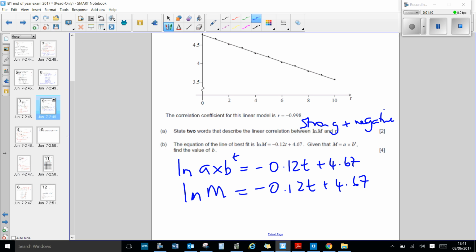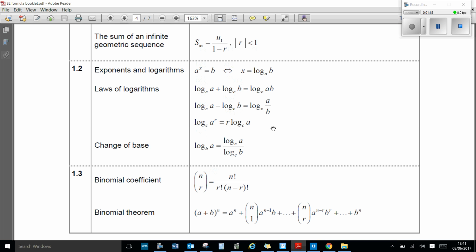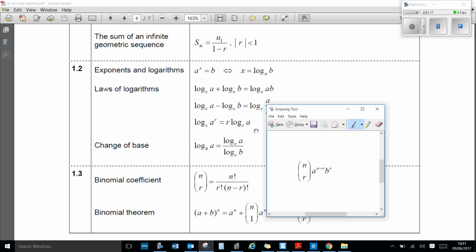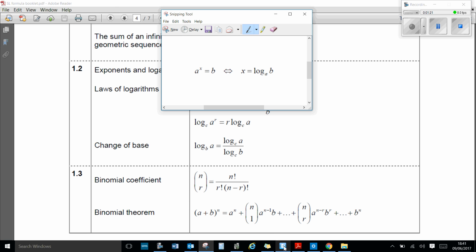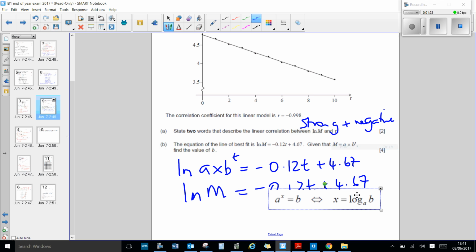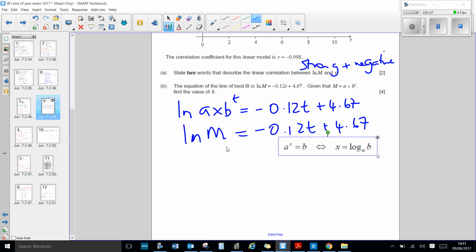Using log changing, we know ln means log base e, so we can say that e to the power negative 0.12t plus 4.67 equals m.